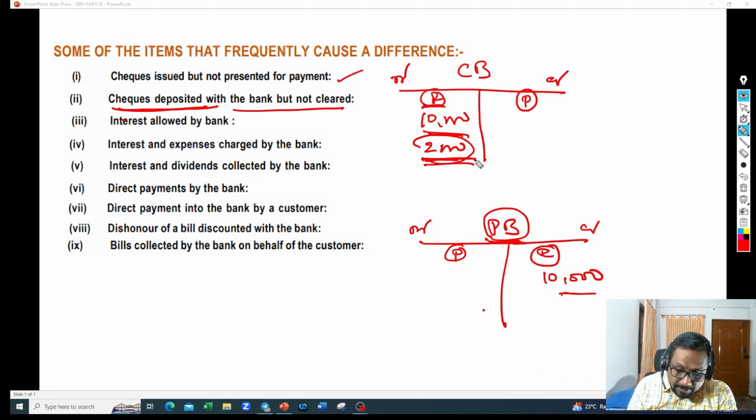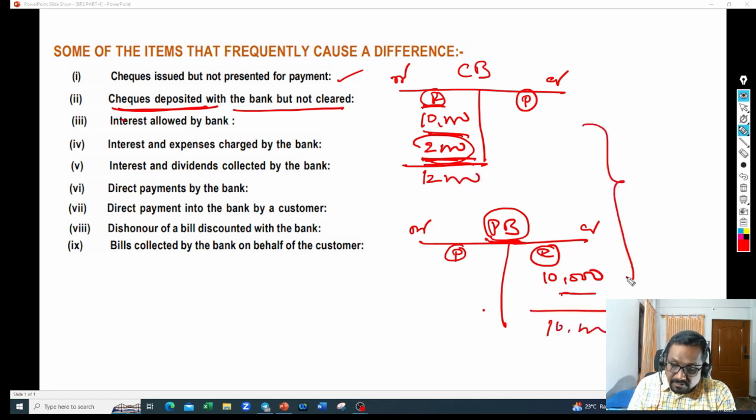So obviously now the balance is showing 12,000 here, and here the balance is showing 10,000. So there is a difference. Why has this difference come? I deposited the check, but the banker did not collect that amount at the time of reconciliation.